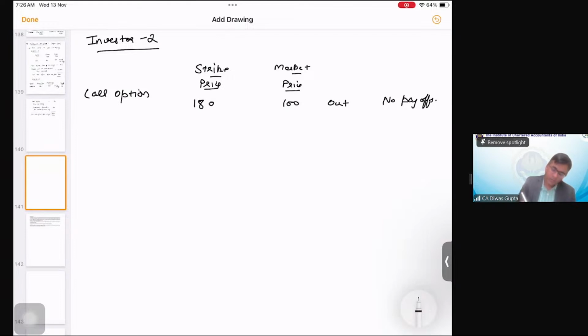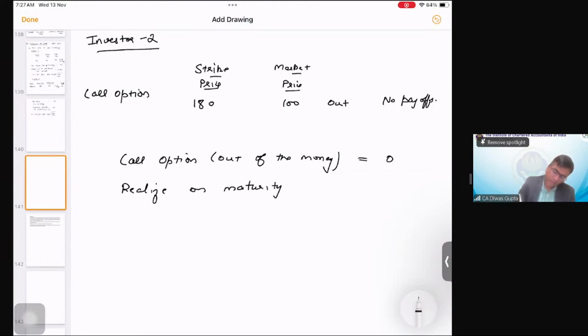So call option out of the money will be 0. Realize on maturity, 150 into 1.2 is actually 180 rupees in totality.